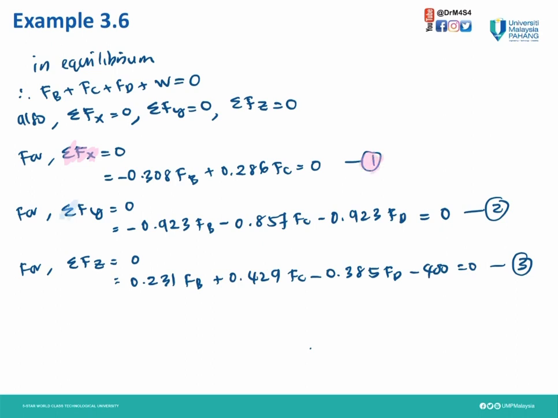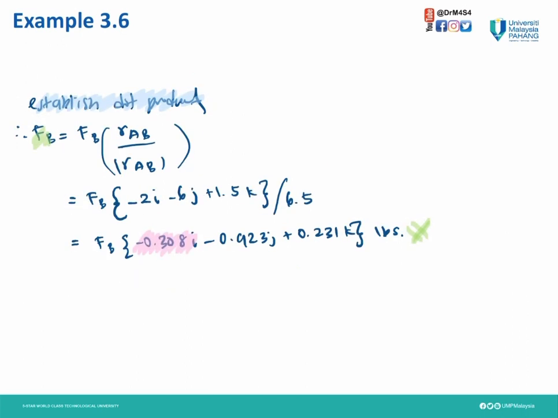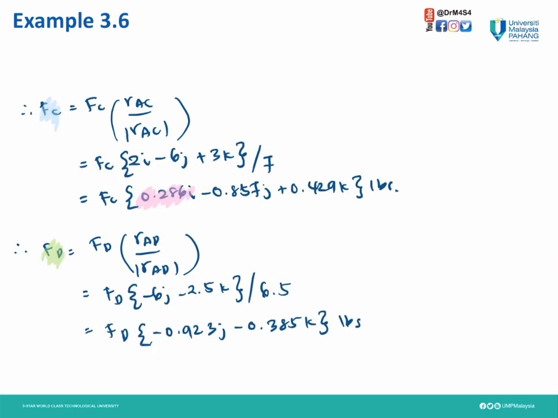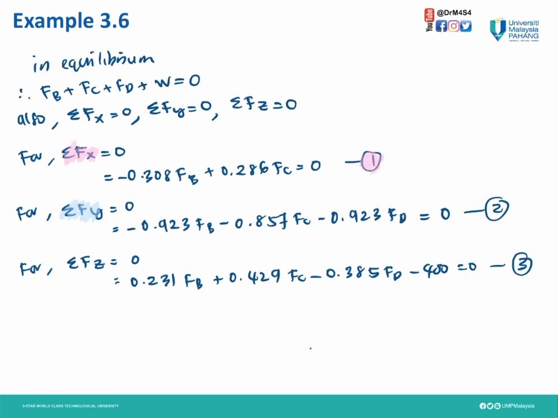Check for Fy. So here, negative 0.923, negative 0.857, then negative 0.923. So that makes the second equation.